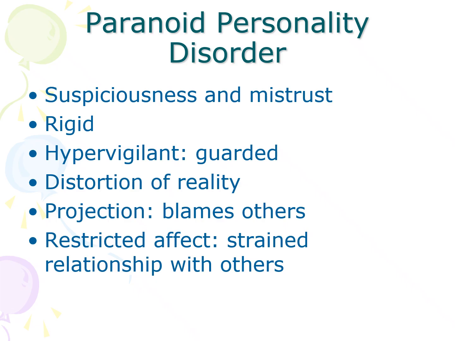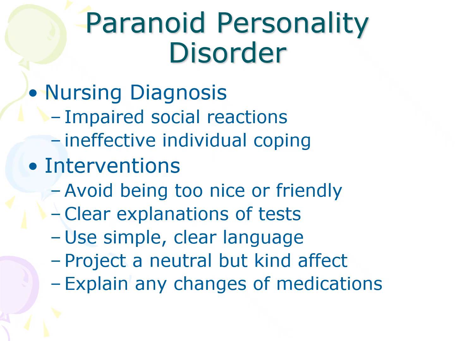Paranoid personality disorder: that individual is suspicious and has mistrust, they're rigid in their thinking, they're guarded, their reality is distorted, they like to blame others, and they have a restricted affect. Nursing diagnoses include impaired social interaction and ineffective individual coping.